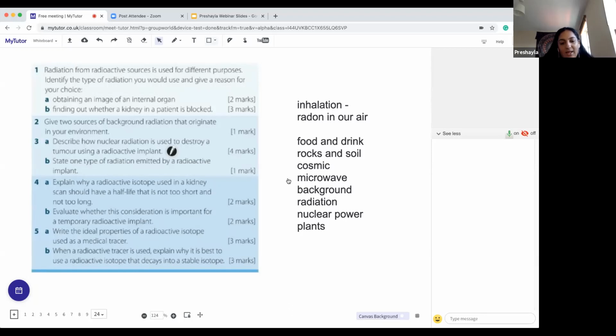Okay, yeah, so beta and gamma are the two radiations which are emitted by a radioactive implant.